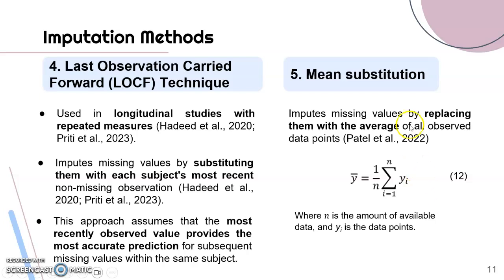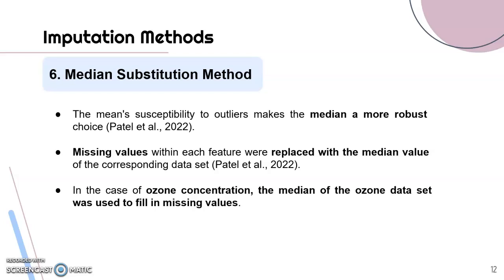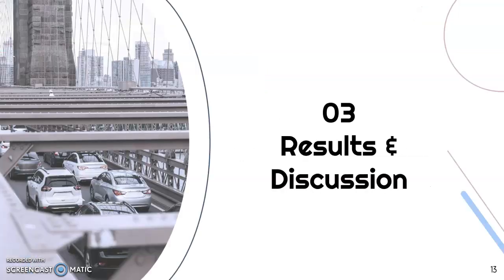Number 5 is the mean substitution method, where it replaces missing values with the overall mean of the data set. And the last one is the median substitution method. This one is quite similar to mean substitution but uses the median value, which is more robust to outliers.